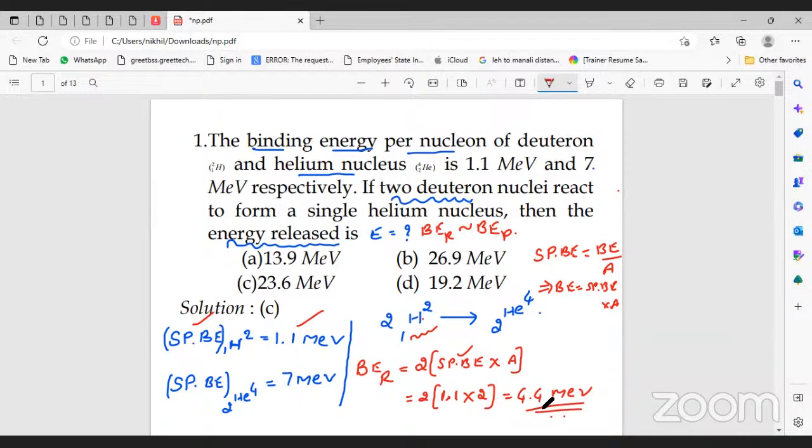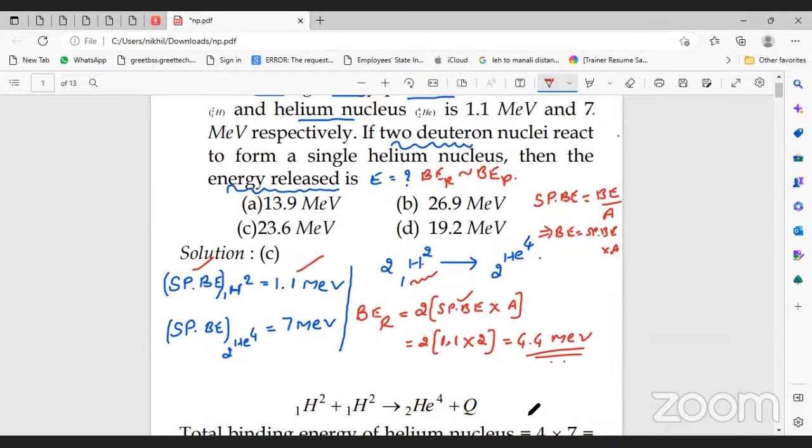After finding the binding energy of the reactant, you have to find the binding energy of the product. So what is the binding energy of the product? Here it is only one alpha particle. So specific binding energy into mass number of the alpha particle.